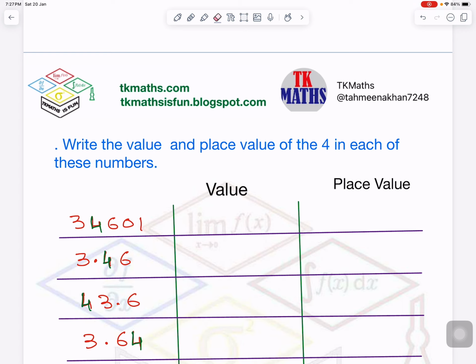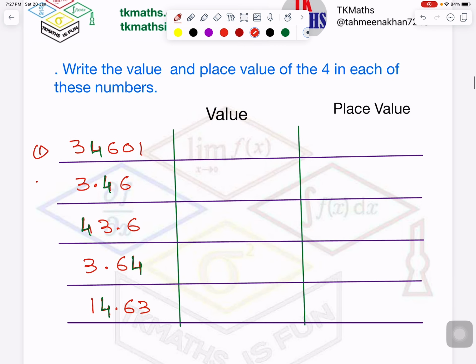So first of all, I'm starting with number 1. Let me number them: 1, 2, 3, 4, 5, right? Now very quickly tell me the value of 4 in each number. I'm talking about the first one.